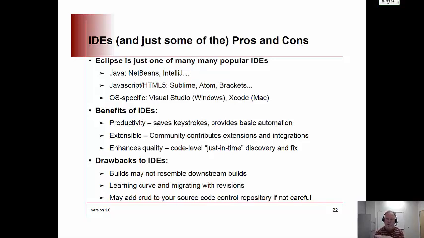But if you don't configure Git appropriately, Git will push those files up to your source code control repository, and it gets kind of ugly when somebody else gets your metadata and it overwrites their project, and they've lost their configuration and things like that. So we'll talk about some of that when we do Git. There'll be a way in Git that we use something called a .gitignore file to try and prevent those kinds of things from happening, so you don't accidentally blow away each other's configuration of your Eclipse environment.